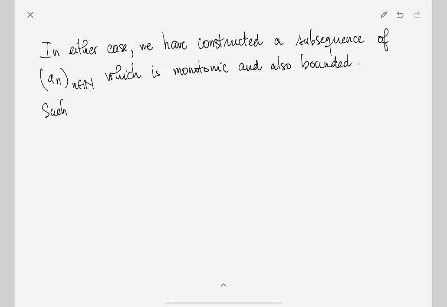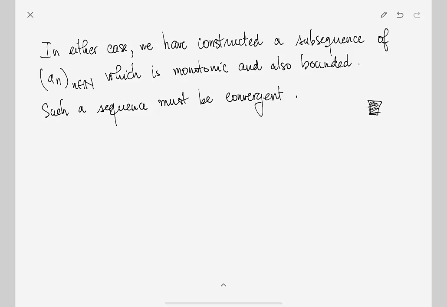Such a sequence must be convergent, because we know that any bounded sequence which is monotonic is convergent. And this completes the proof.